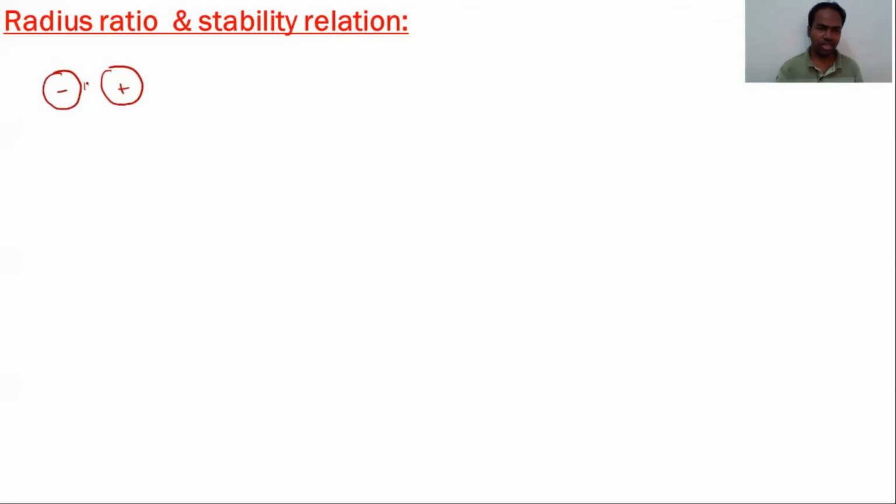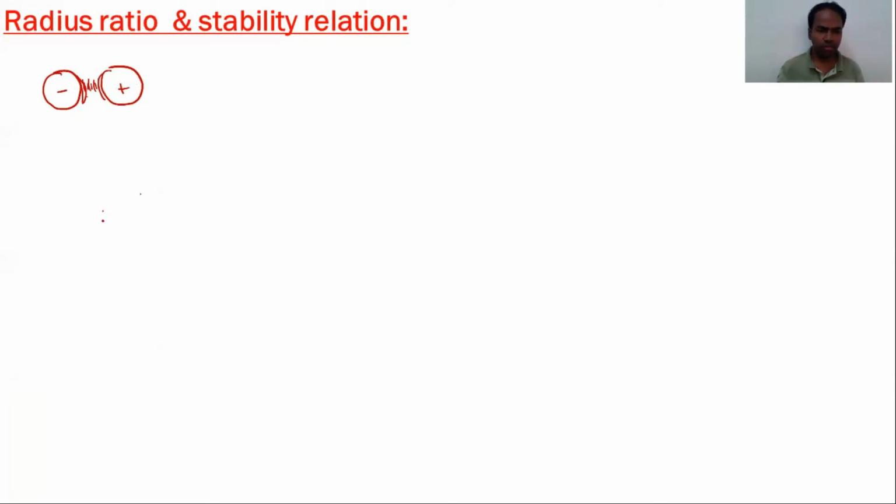Here the area of interaction is very high. So when the size of both ions increases, the interaction force also increases, then stability increases. The bond is very strong.